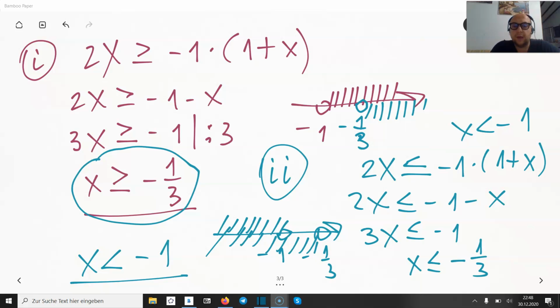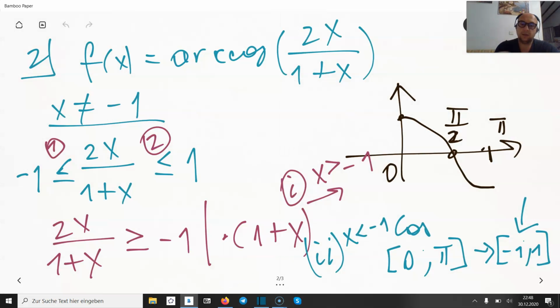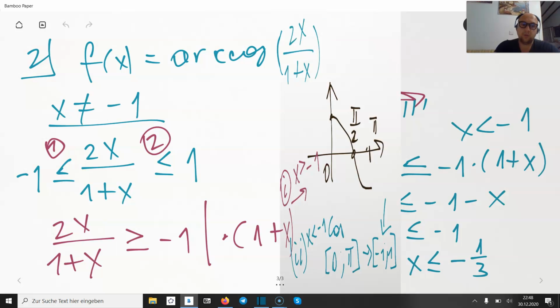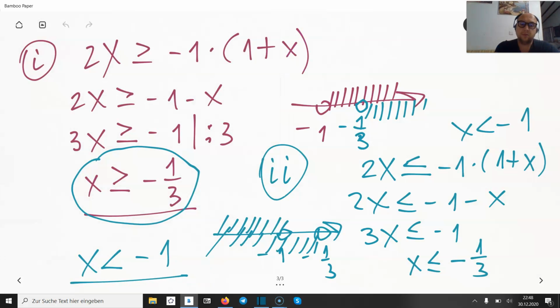Well, let us see what we have in those two cases. The first case, case I, was telling us we wanted x to be bigger or equal than minus a third, and bigger or equal than minus 1, so that was a solution for the first case.